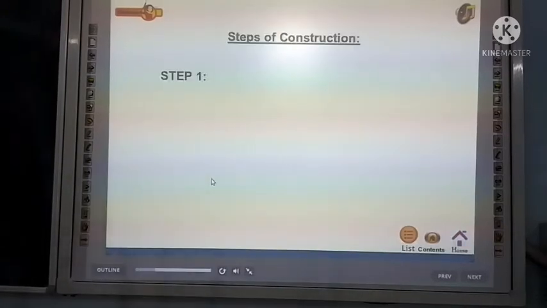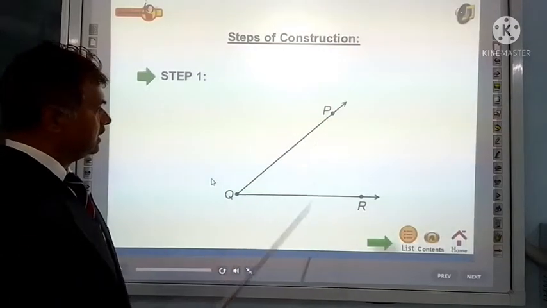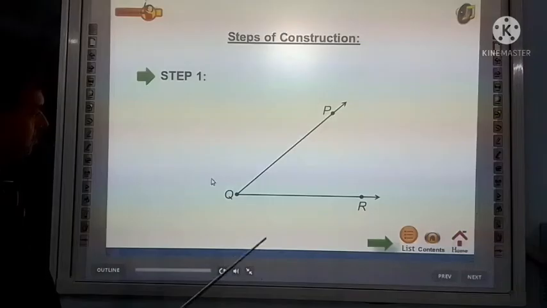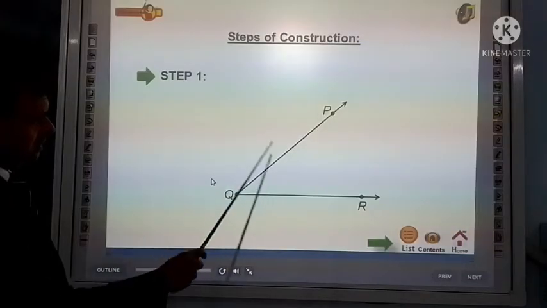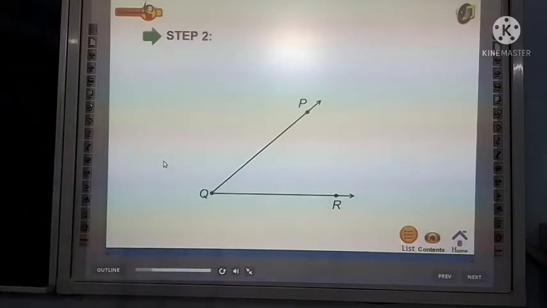Steps of construction. Let us consider an angle PQR. This is the angle PQR given to us. Taking Q as center, draw an arc to intersect the rays QP and QR at A and B respectively.